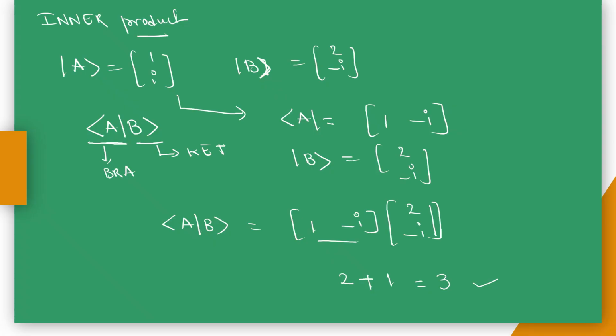But here, whatever it is, whether it is minus 1 or so, we get the answer as a scalar parameter. So the inner product between a bra and a ket always gives scalar values. But what happens if you take the outer product between the bra and ket?